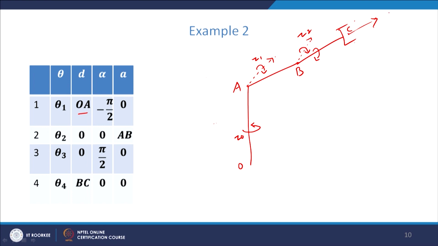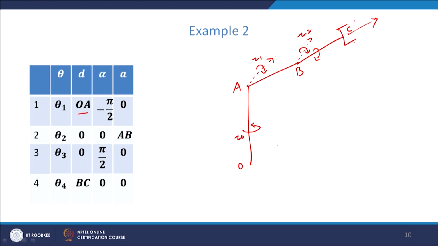The approach direction itself is the axis of rotation in this particular case. So, we have the joints O, A, B, C, 4 joints, and then there are 4 revolving axes at these joints.